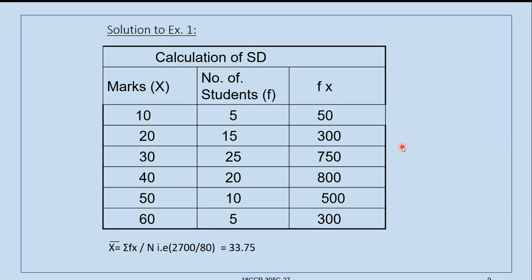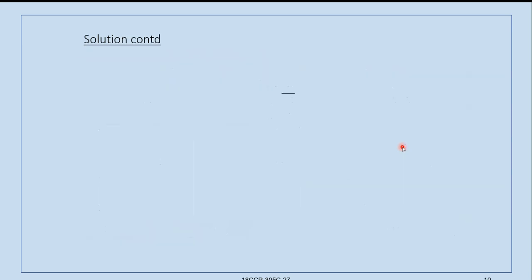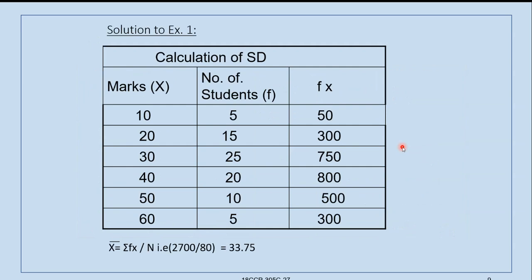Mean is 33.75. That is sigma fx by n. 2700 is the sigma fx, the total of this column, and 80 is the total of the frequencies.